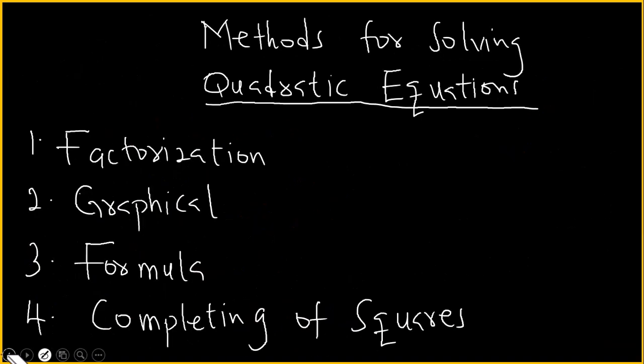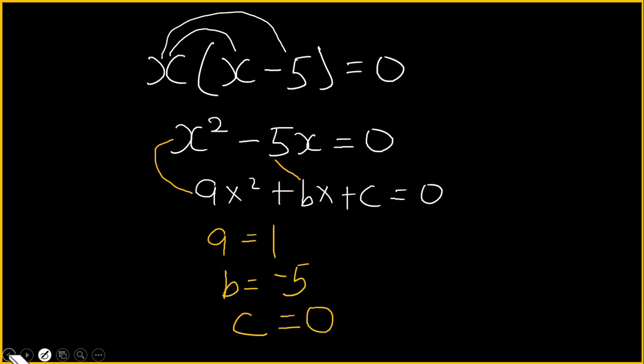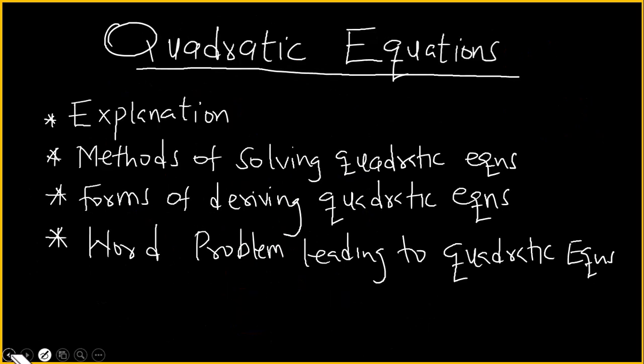Now to the next section, we will be talking about the other aspect, which is the forms of deriving quadratic equations. So we are done with the explanation. We've also used one of the methods in solving quadratic equations, which is the factorization method.